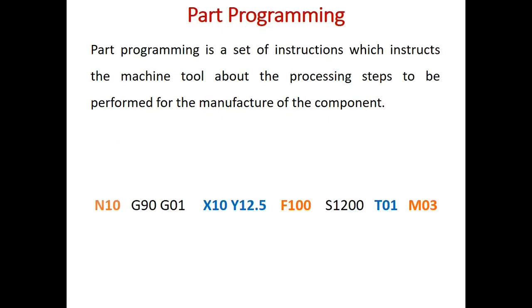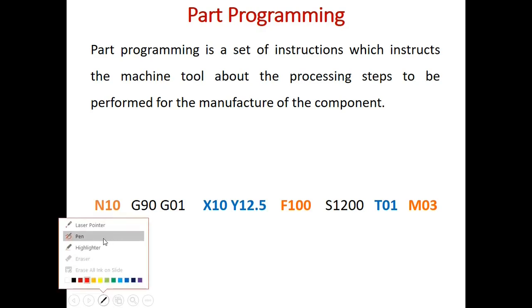So let's start with the first, part programming. Part programming is a set of instructions which instructs the machine tool about the processing steps to be performed for the manufacturing of the component. So we have given you a simple line of a part program.